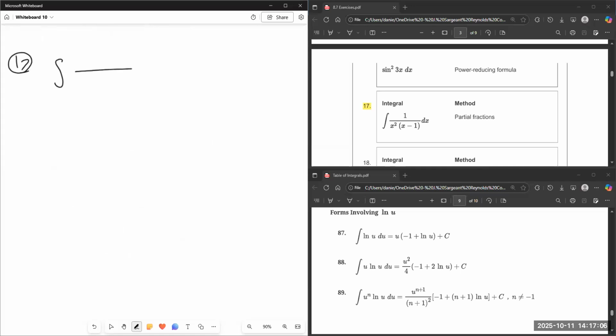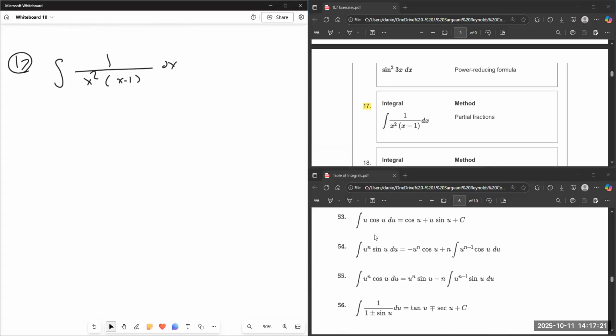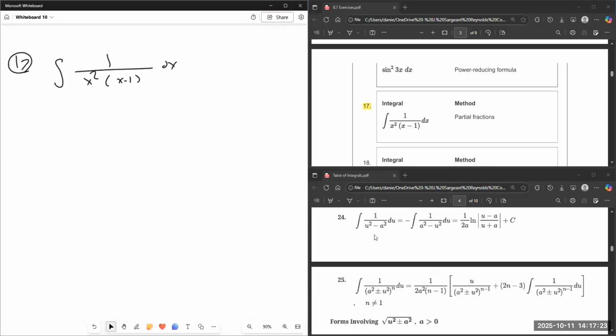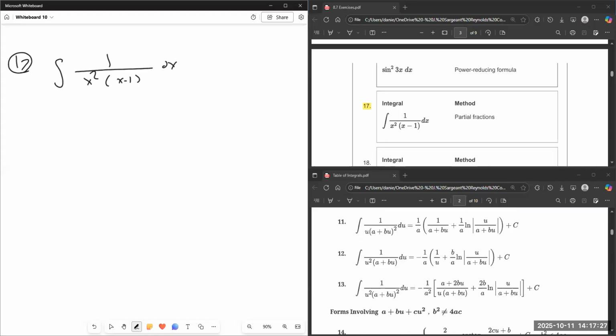Number 17 says the integral of 1 over x squared times x minus 1 dx. And using our table of integrals, we're going to use number 12. So let me get up here to number 12, right there.